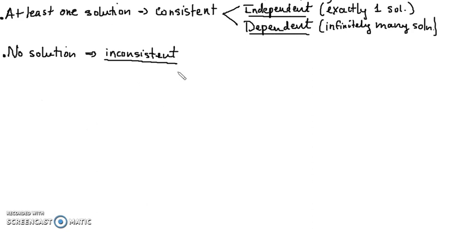Now, the first one is inconsistent. Inconsistent means no solution. Let's imagine that you have two lines, and let's see if the two lines have no common point. That means that the two lines do not intersect, which can also be interpreted as the two lines being parallel to each other.